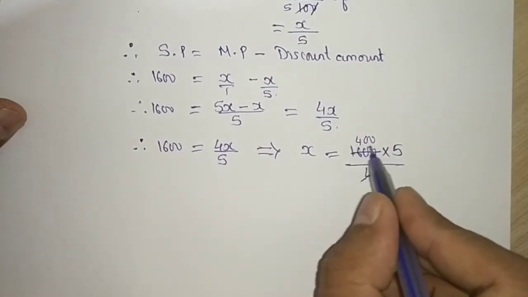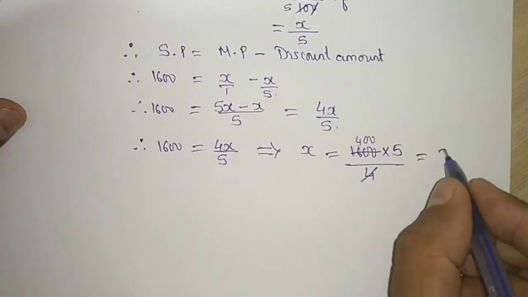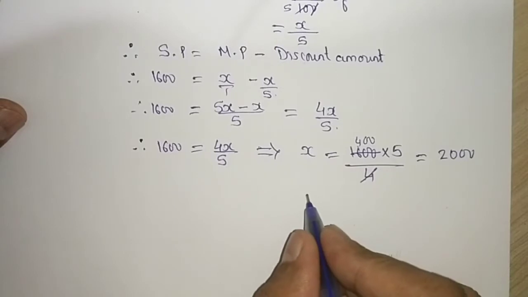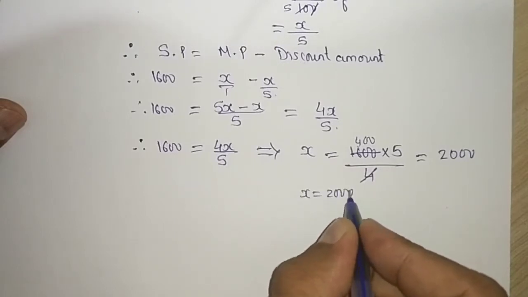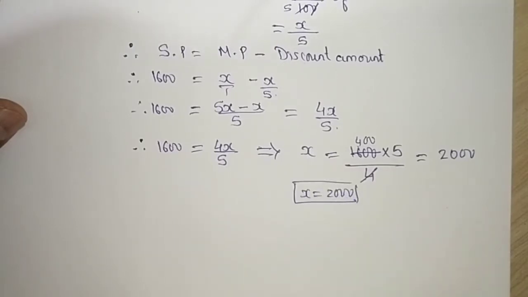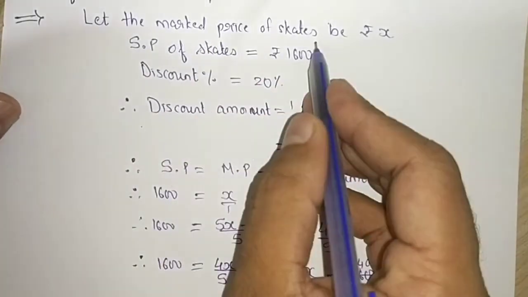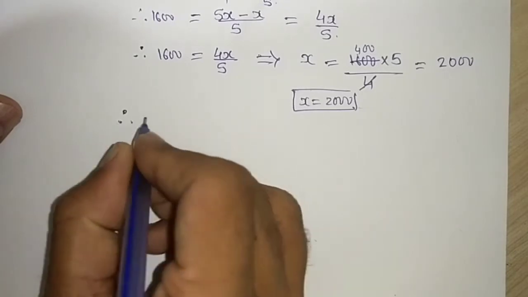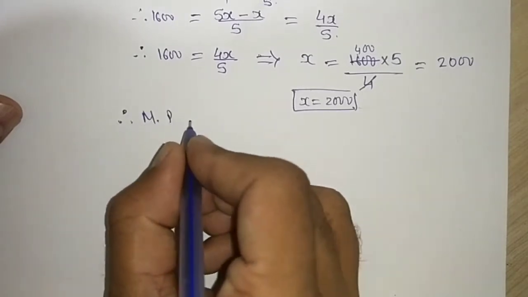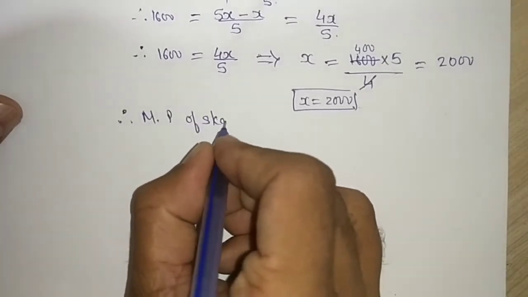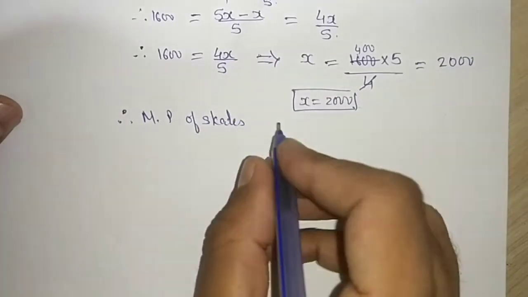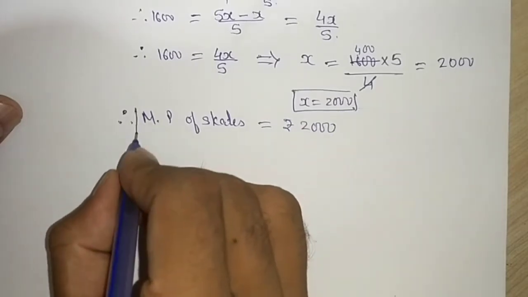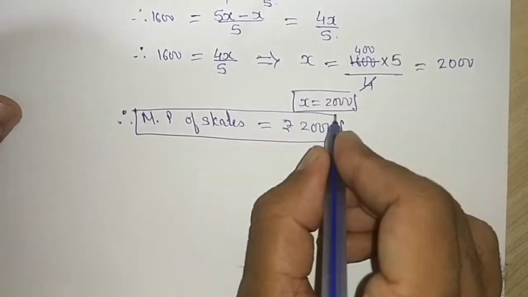So finally 4 fives are 20 and the 2 zeros left, so x is equal to 2000. This is our marked price because we supposed marked price as x. Therefore marked price of the pair of skates is equal to rupees 2000. Hope you have understood.